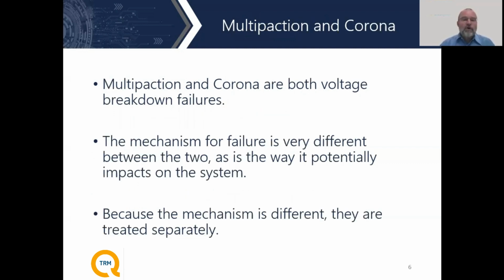Sure. So both multi-impacting and corona are different forms of voltage breakdown. Corona is something that we experience and that we can understand. There's just a dielectric breakdown, and then energy jumps the gap. The multi-paction breakdown, though, is actually a very different mechanism.